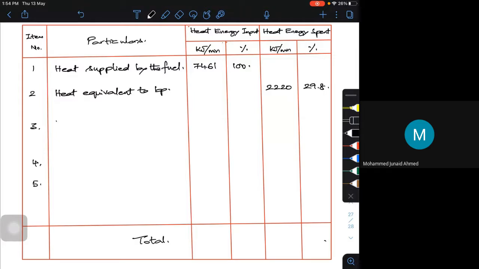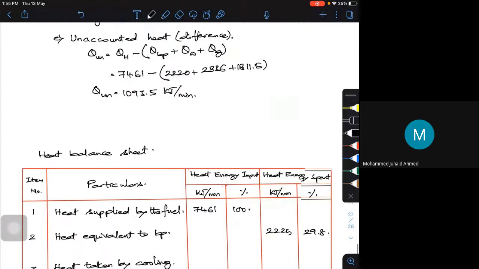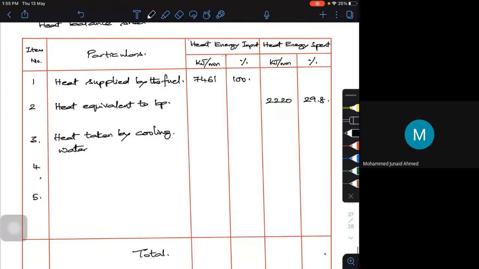Heat taken away by the cooling water, which is 2336. So roughly this comes to around 31.3%.